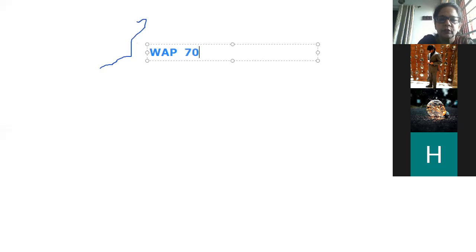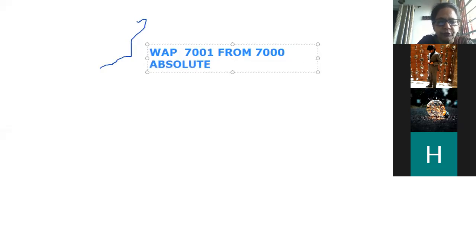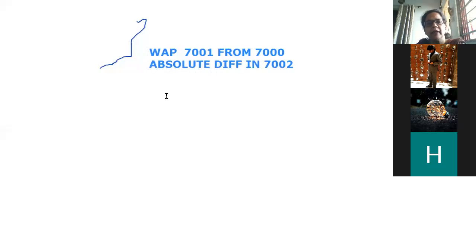Write a program, the short form WAP, write an assembly level language program to subtract the contents of 7001 from 7000 and store absolute difference, or positive difference, what they say, in 7002. This is the question. It is in the practical as well as in the theory. One or two questions from the practical program come in the theory paper also.